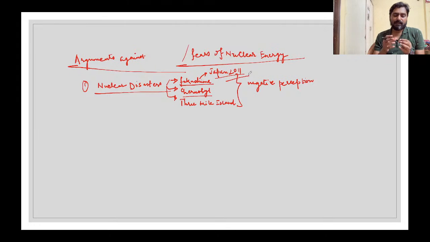It created a ripple of negative perception globally. People in India and across the globe think that if Japan, which designed some of the safest nuclear power plants, could not be saved from nature's fury, then any country can face this situation.